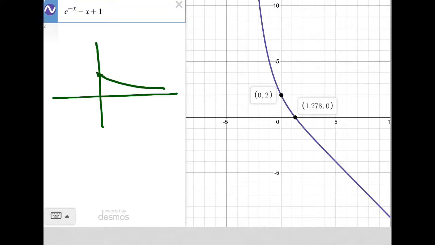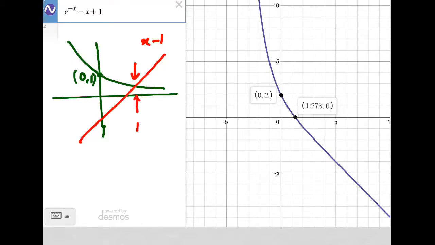It cuts at 0 and 1, this point here, and we draw another graph which is a straight line, x minus 1, and where they meet here we find that is the root.